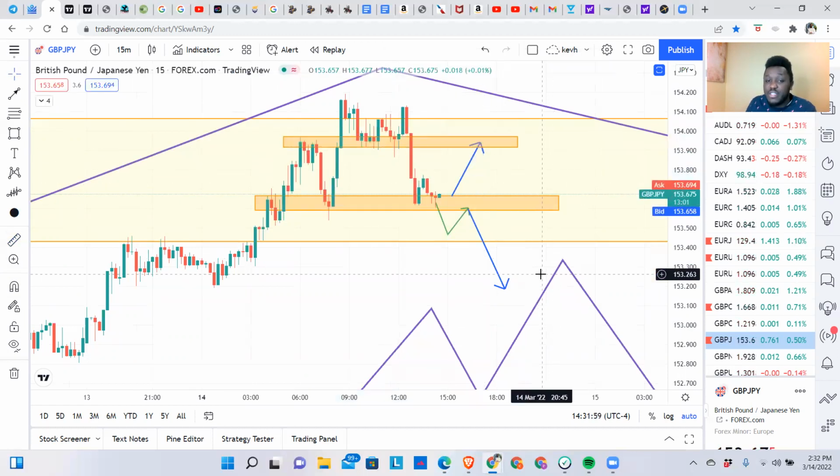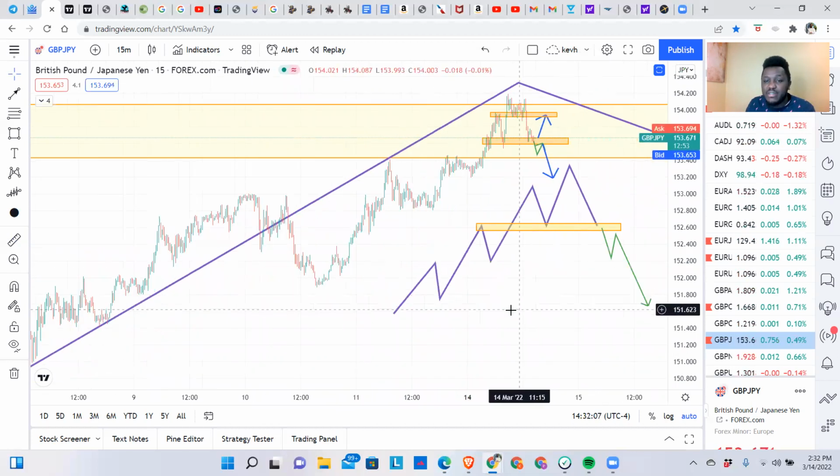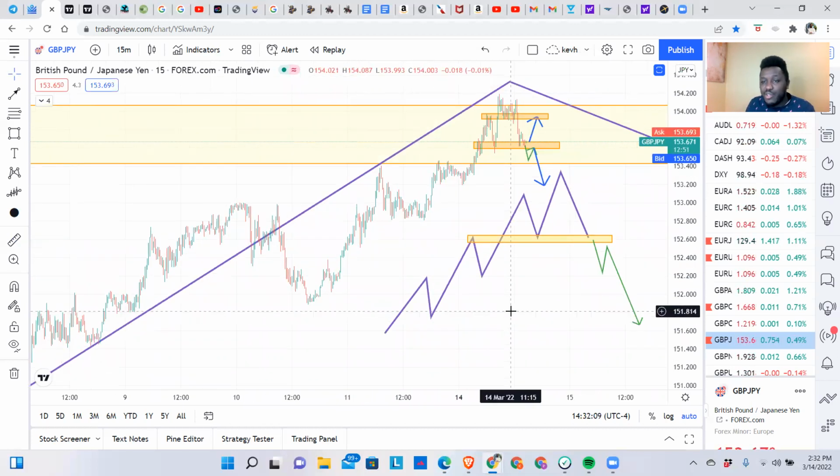Or if it breaks, then I can also go ahead and take that trade as well. So my desire is, after watching this, you will have learned something and gained some more knowledge on exactly how to trade breakout structure, first of all, and trading the M pattern.